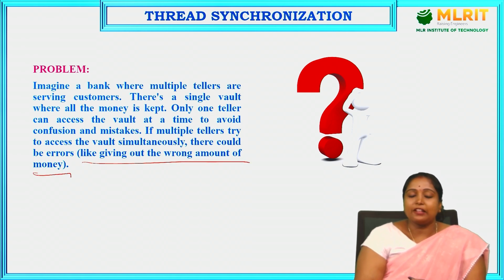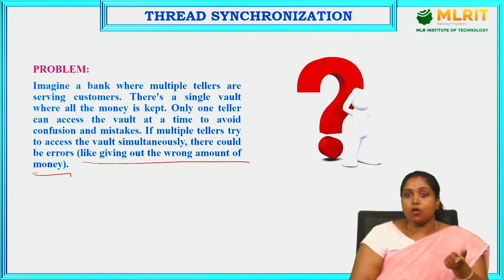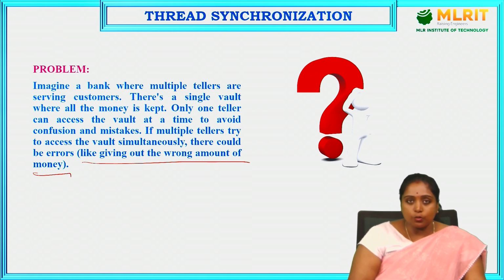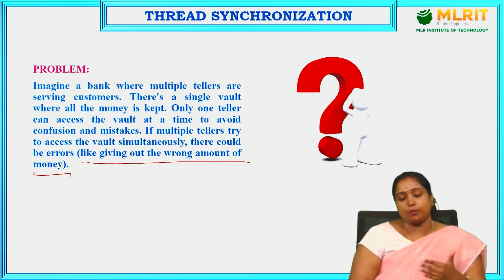Imagine there is a bank which has multiple tellers, or you can call them multiple employees, who are serving customers. There is a single vault, which is a single room where all the money is kept. Only one teller can access the room at a time. If multiple employees are accessing the room simultaneously, there might be an error and they might give you the wrong amount of money.